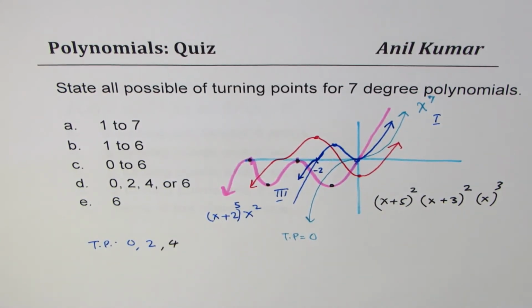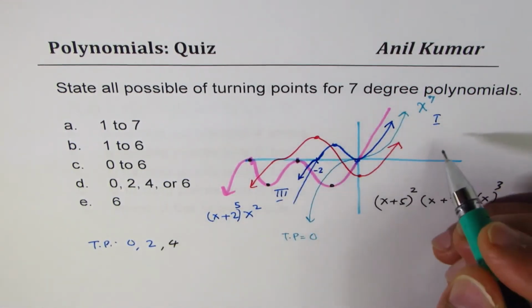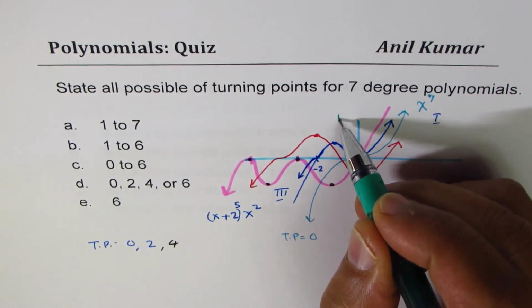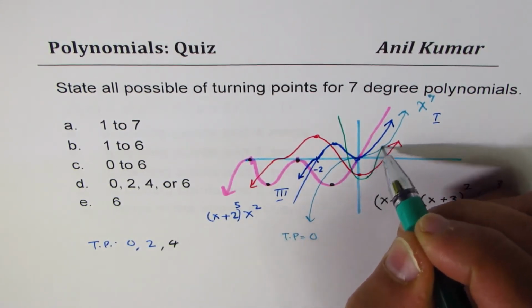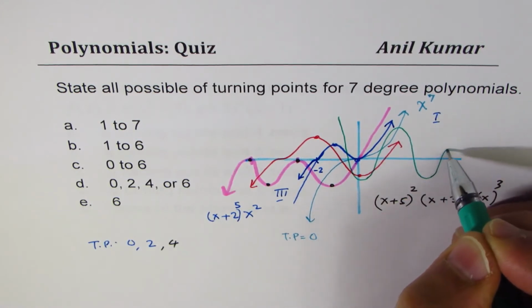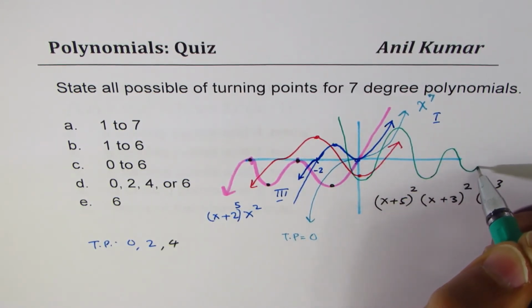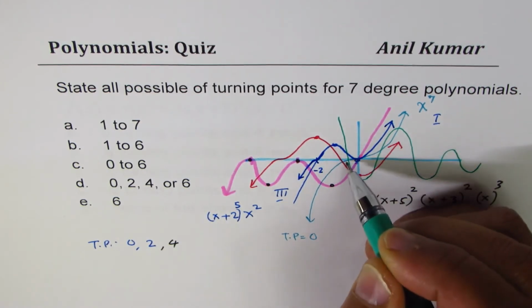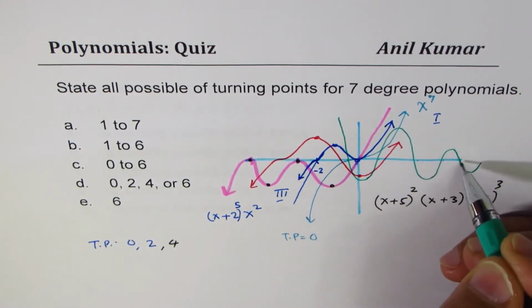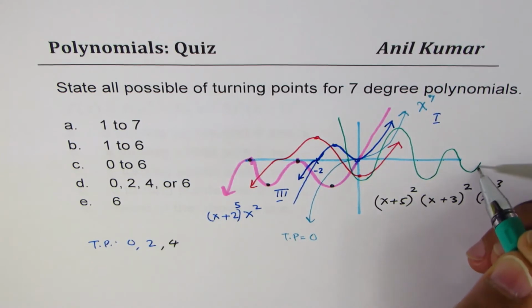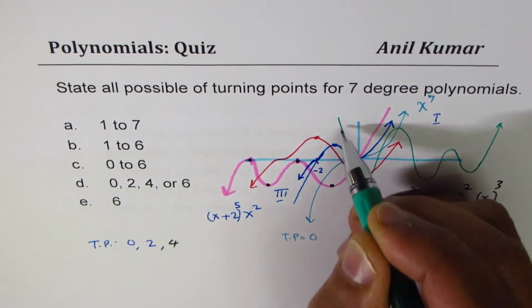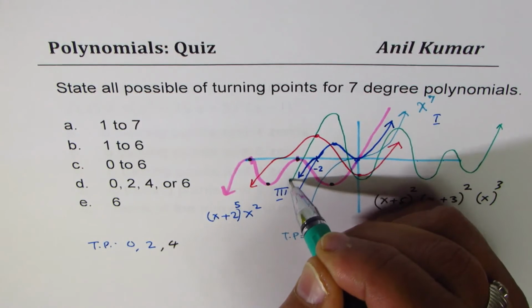Now we could have just linear zeros, all linear zeros. In that case I can sketch a function here. So I'm using this space more now. Okay, so let's say we have a function which has 7 zeros. So 1, 2, 3, 4, 5, 6, 7 zeros.